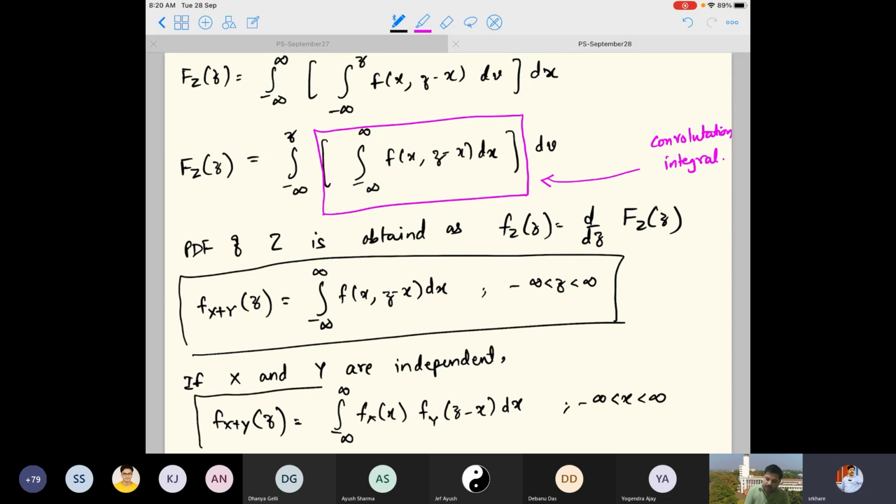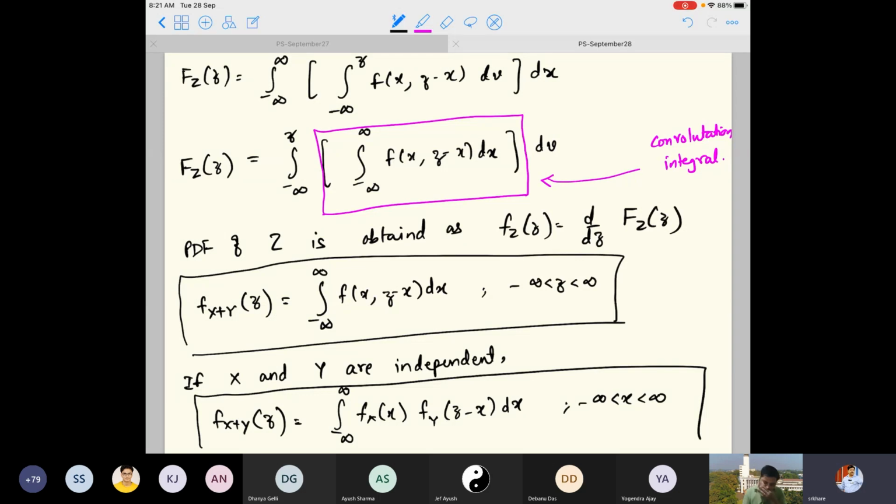So if you have independence of X and Y, then this is the joint. This is the result that we use. Joint is equal to the product of marginals, and f_X and f_Y are the marginals of X and Y respectively. Then the PDF of Z, which is nothing but X plus Y, is given in this particular form.